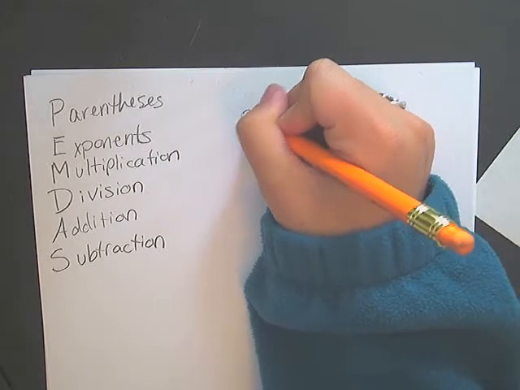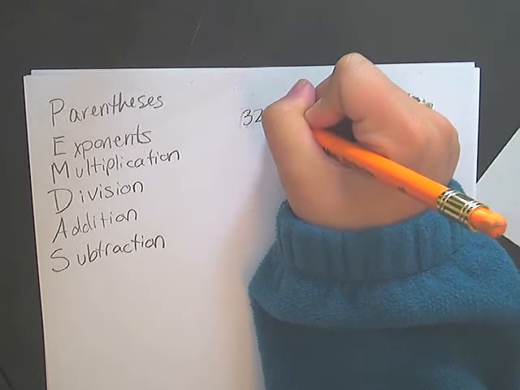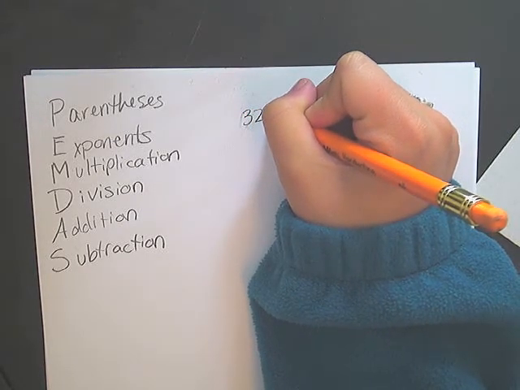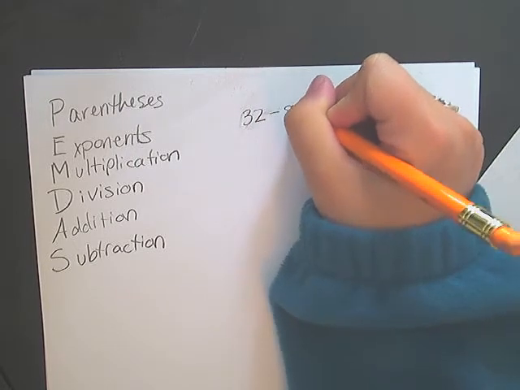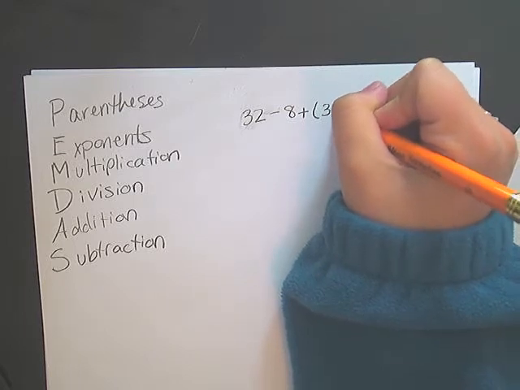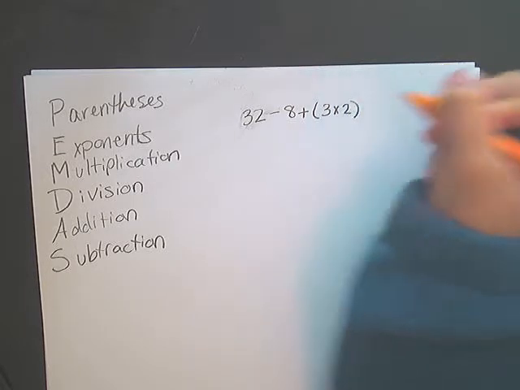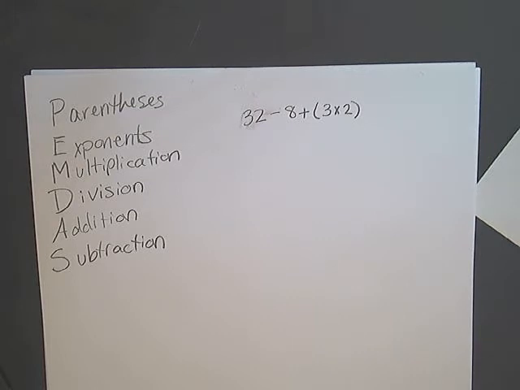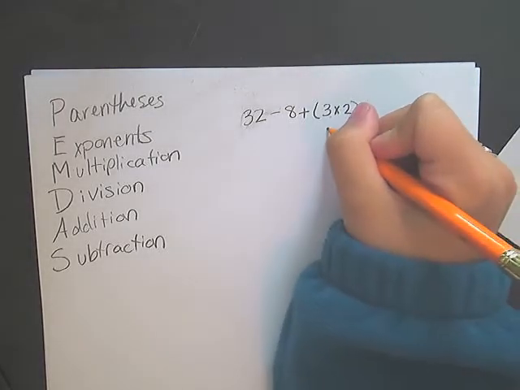So let's do 32 minus 8 plus, in parentheses, 3 times 2. All right, so automatically off the bat, what is the first thing you're going to do? Parentheses. Always do parentheses first. So 3 times 2 is going to be 6.